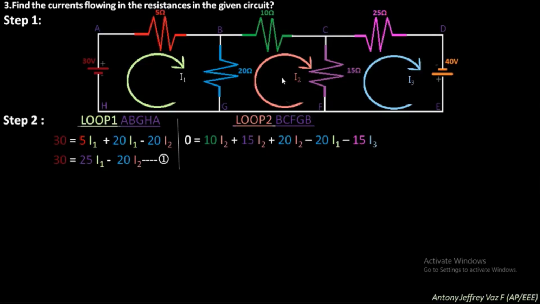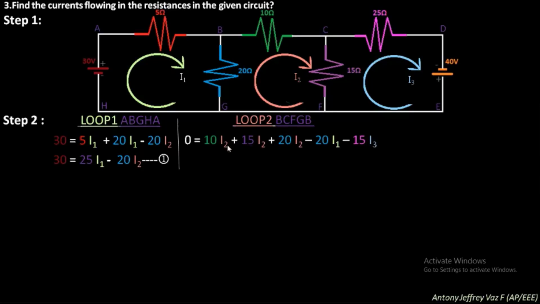Next, you need to compare with the two loops on either side. First, loop 1. The current I2 is from G to B and the I1 current is from B to G, so you get minus 20 I1. For loop 3, the I2 current is from C to F, whereas the I3 current is from F to C, so you get minus 15 I3.